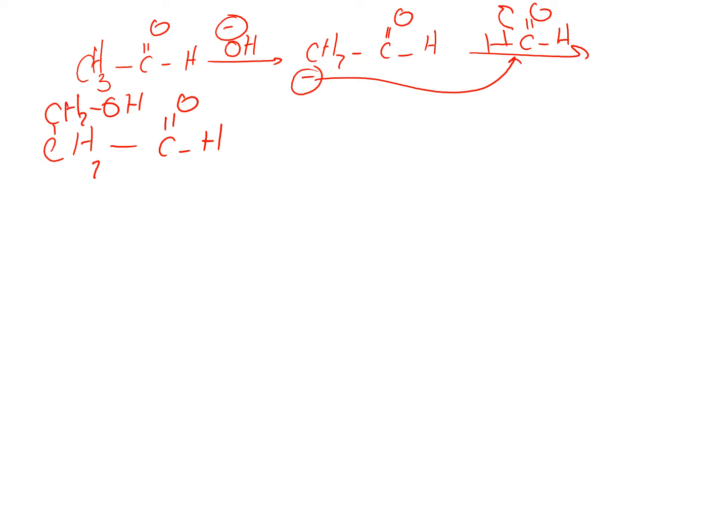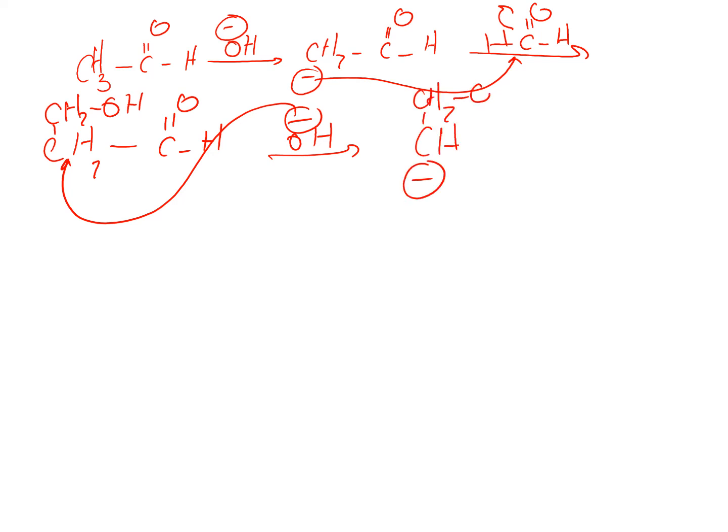This reaction will further proceed because you still have alpha acidic hydrogens. So you will have a negative charge on this carbon, and it will use it to attack another formaldehyde molecule.